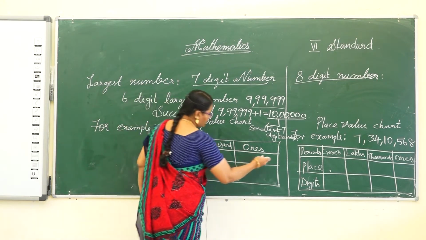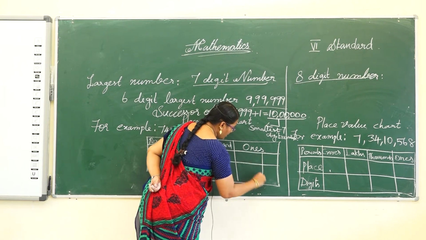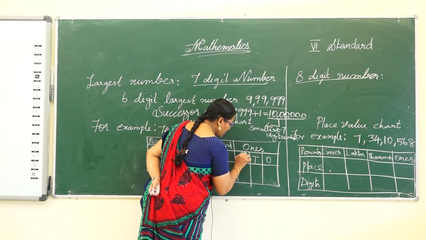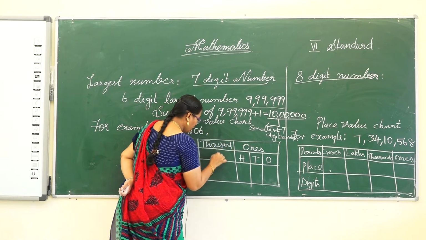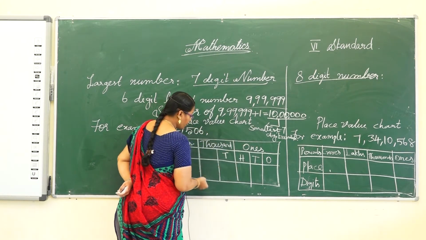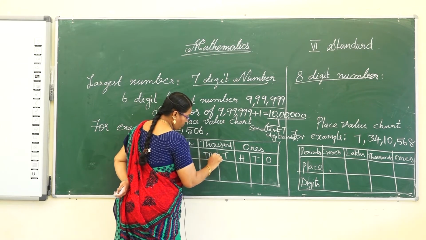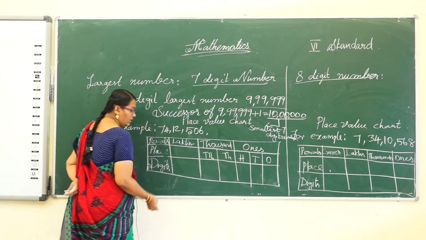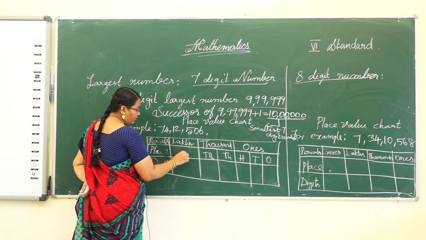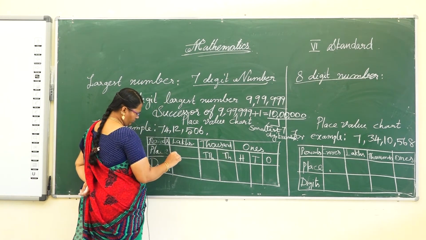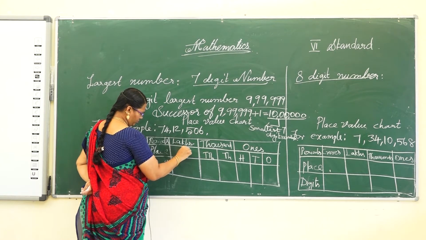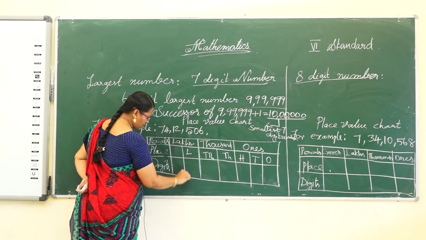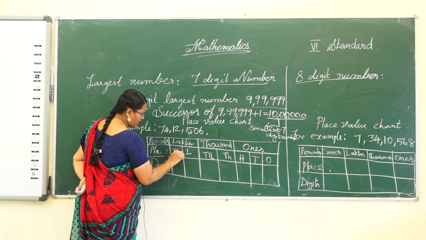It divides into parts: ones, tens, hundreds, then 1,000, 10,000, then lakhs, 10 lakhs.